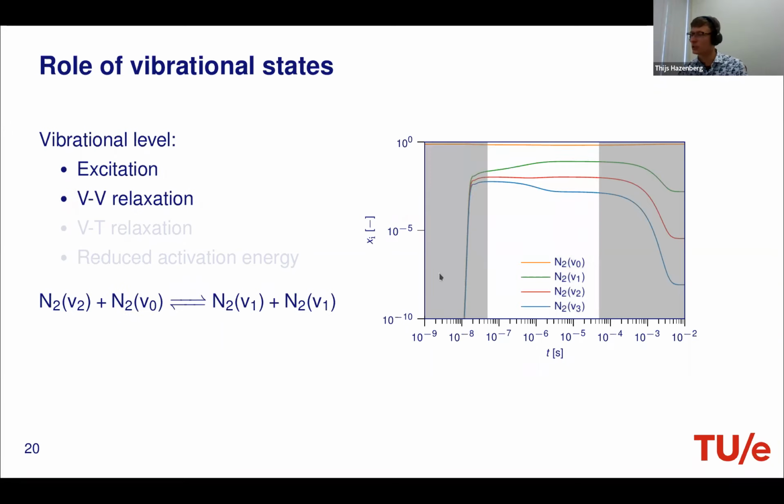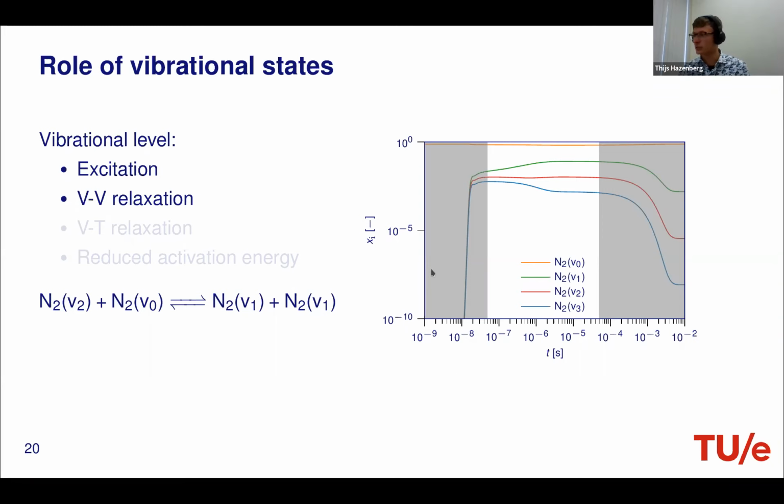Then you have a process called vibrational relaxation. That means that in the case of nitrogen, you have, for example, a v=2 state colliding with a v=0 state, and then one will go a level up and the other one will go a level down. This creates an equilibrium between the vibrational levels, but not an equilibrium with the gas temperature.